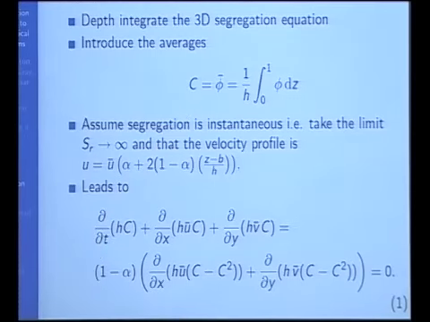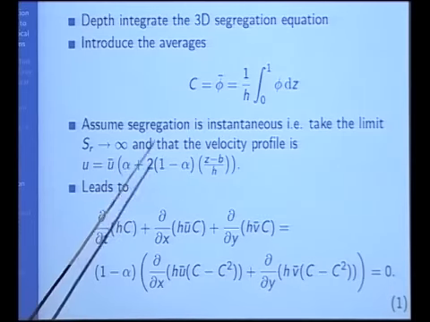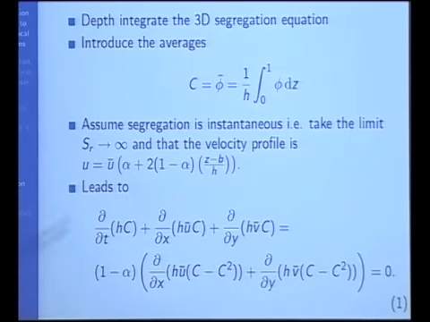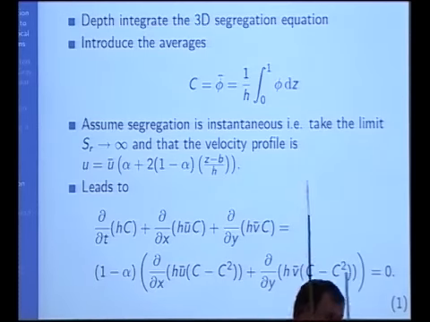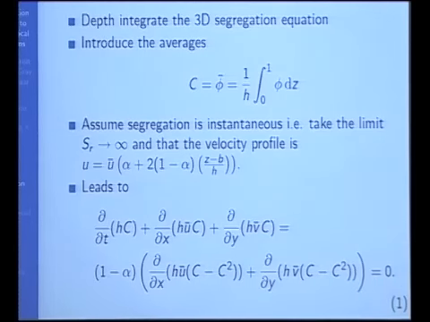To add in our segregation dynamics, we depth integrate the segregation equation. So we introduce, like Olivier did, a depth-averaged concentration C, but this is the depth-averaged concentration of our segregation equation. And we take a limit. We have this SR parameter, which is the segregation rate, and we take SR going to infinity.